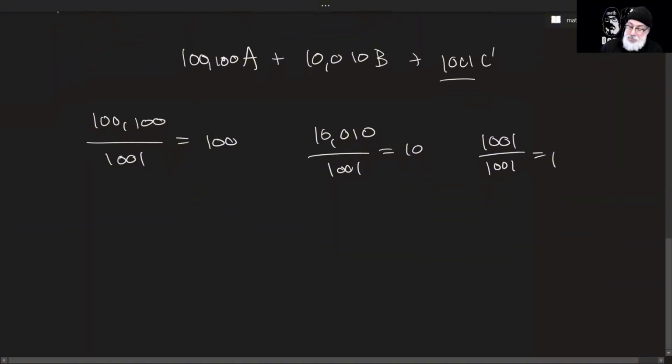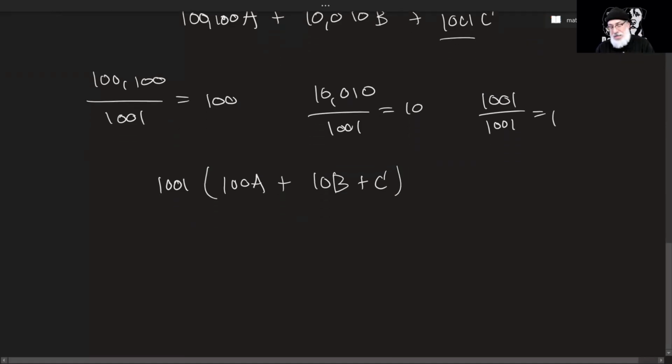So 1,001 is nice, and it'll be nice for obvious reasons. That leaves us with 100 times A plus 10 times B plus C. Okay. So why did that matter? Why didn't I just take 1,000 out?